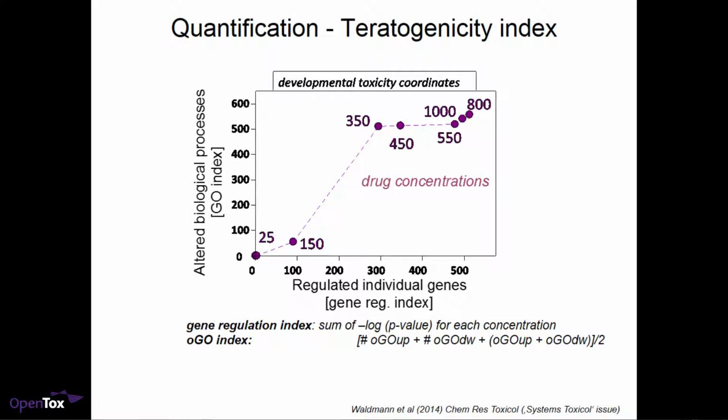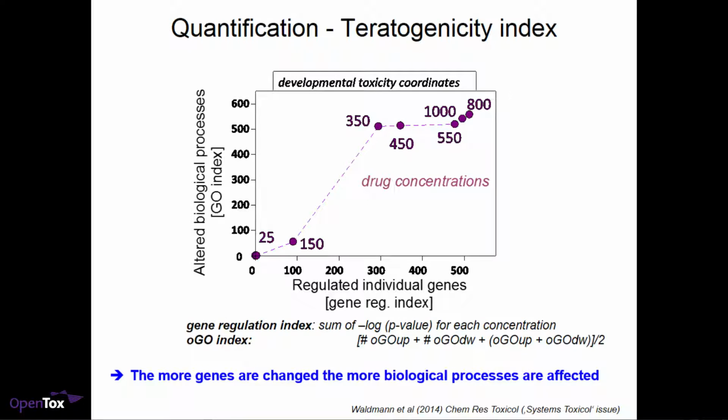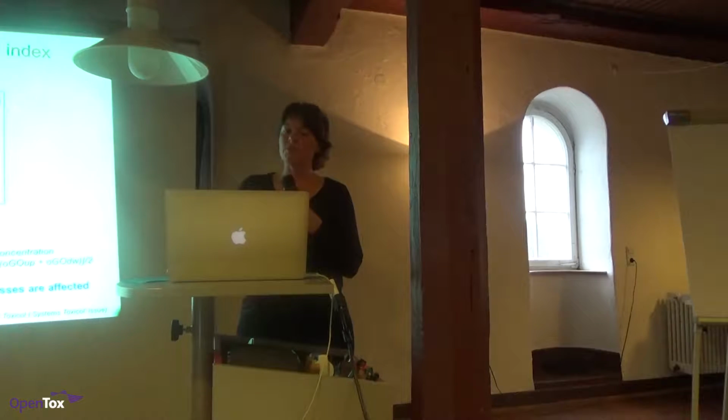And you can see here, basically we have the same results: with the low concentrations that are not cytotoxic, this index is very low, but it jumps up to a basal level with 350 micromolar. So again, what we can say, the more genes are changed, the more biological processes are affected. Therefore, maybe we can make a cutoff, in this case with 350 micromolar, starting to be teratogen.